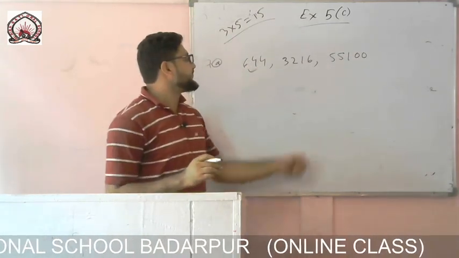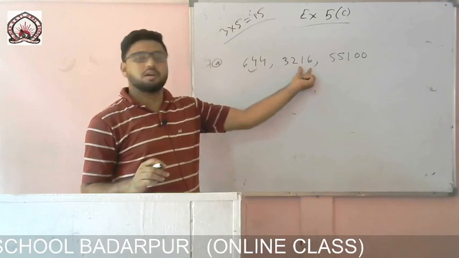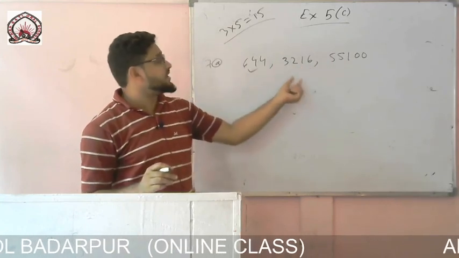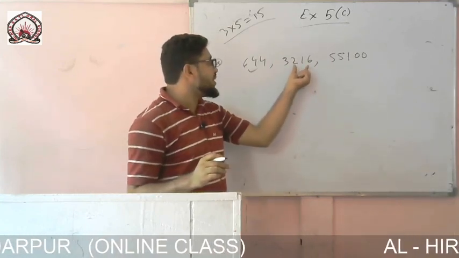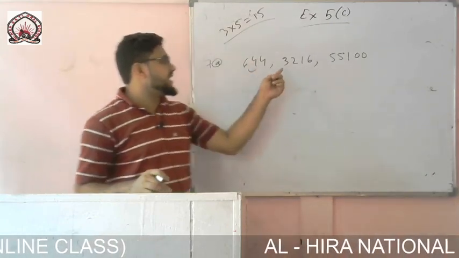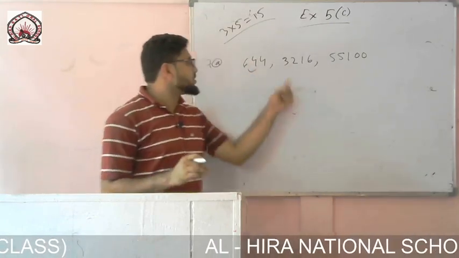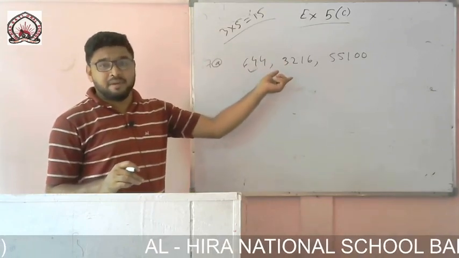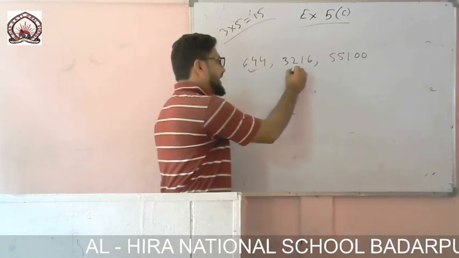Now 3216. You see 16 is divisible by 4, and 216 is divisible by 8. So this number is divisible by both 4 and 8, so we will not take that one.